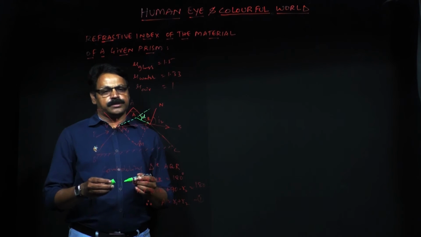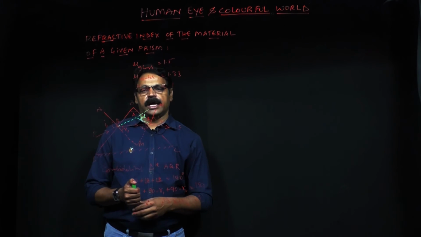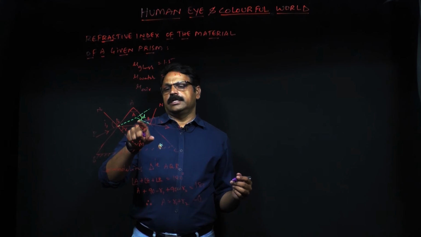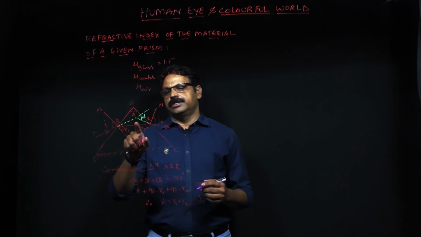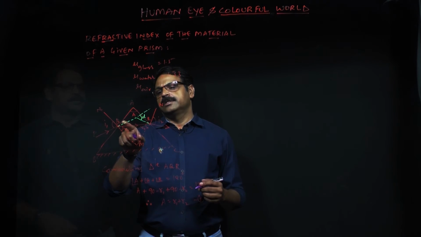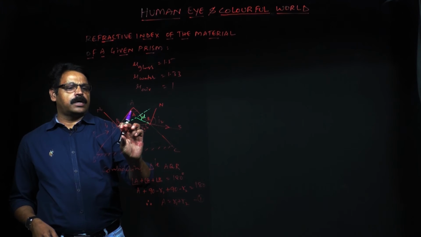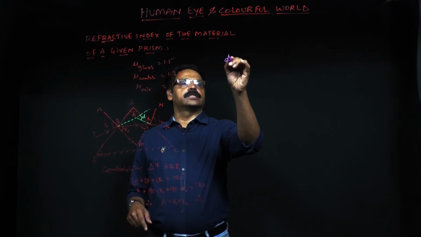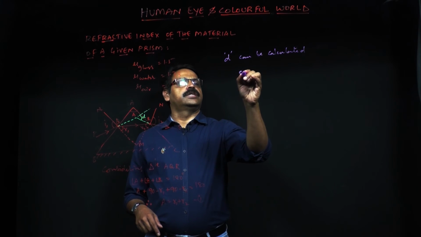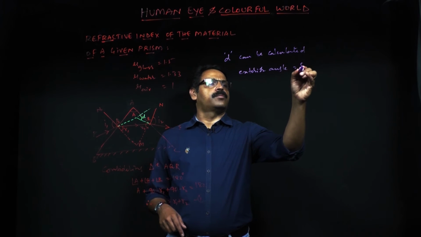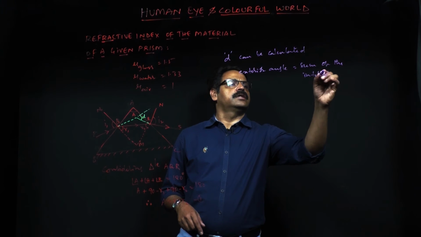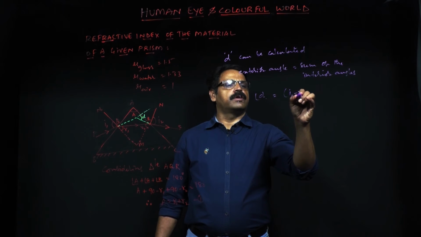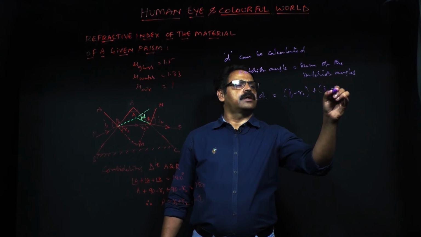Using the fact that the exterior angle is equal to the sum of the interior angles, the deviation angle D is I1 minus R1 plus I2 minus R2.